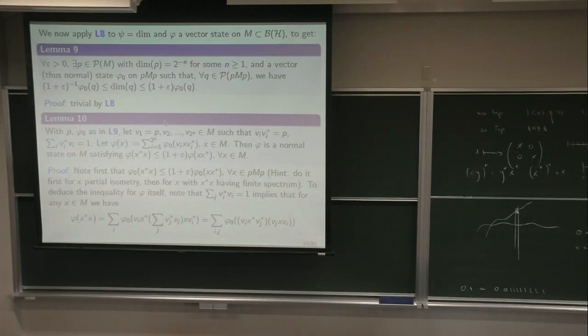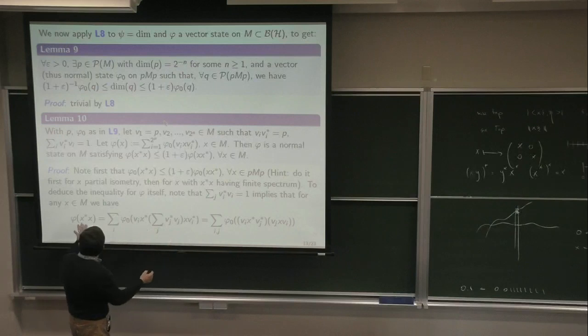Now x is arbitrary, it's in M. So I'm multiplying, I'm using the definition. I'm using that this is equal to 1 and the definition of phi, so this is 1.